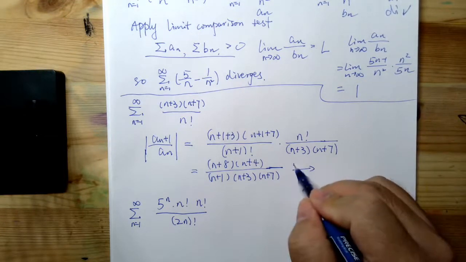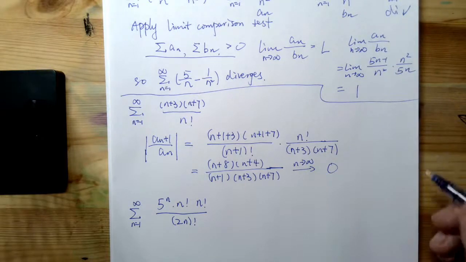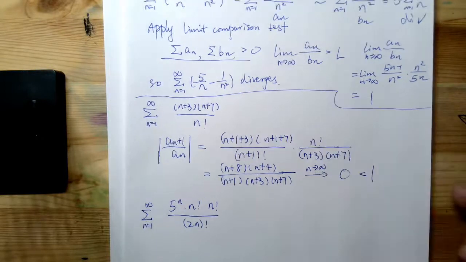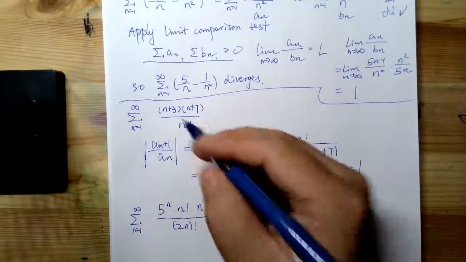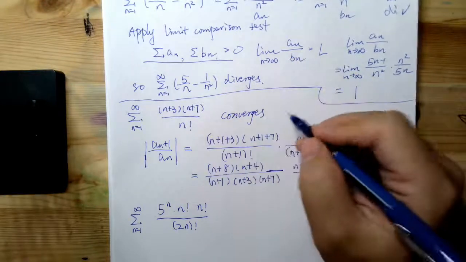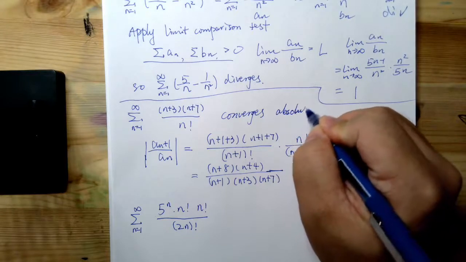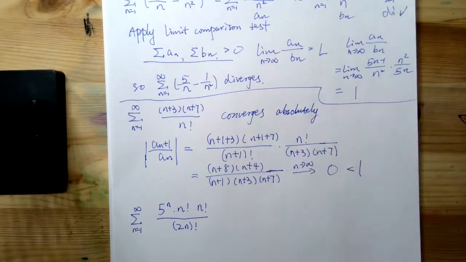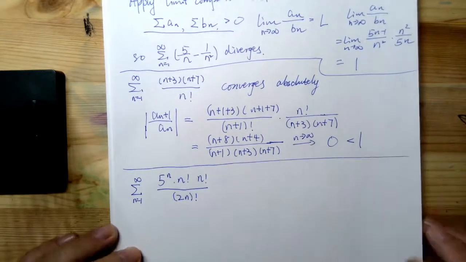So as n goes to infinity, this limit goes to 0. Of course, 0 is less than 1, so based on the ratio test, this series converges. Not only converges, but converges absolutely. That's a direct application of the ratio test.